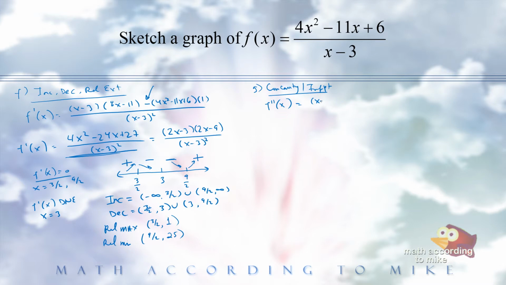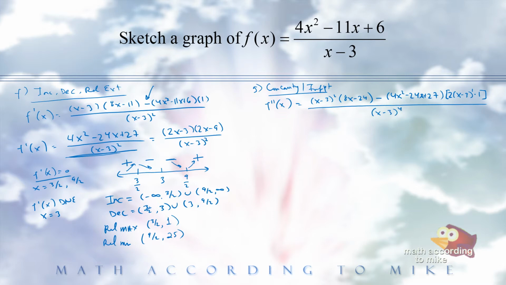Okay, low d high, minus high d low, chain rule, all over low squared. Notice that's to the 4th power now.